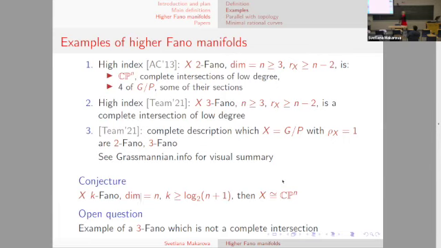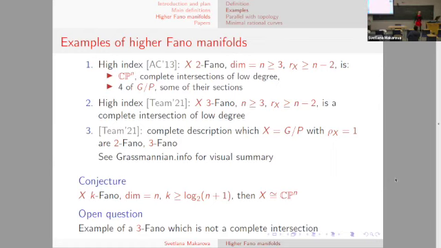But for not just complete intersections, if X is an arbitrary k-Fano, in general it is not known if n-Fano in dimension n implies that X is a projective space, although we would expect that it does. Any questions?